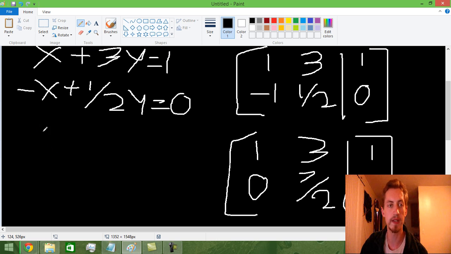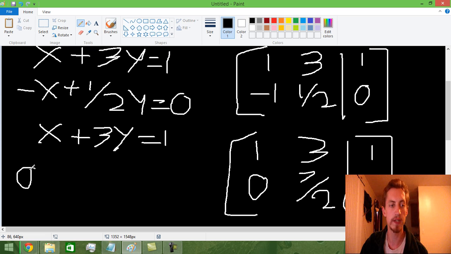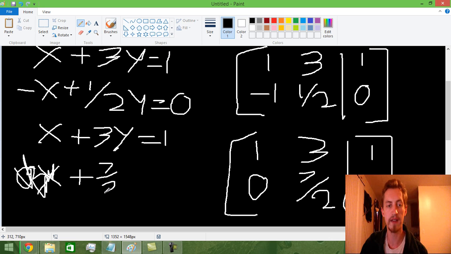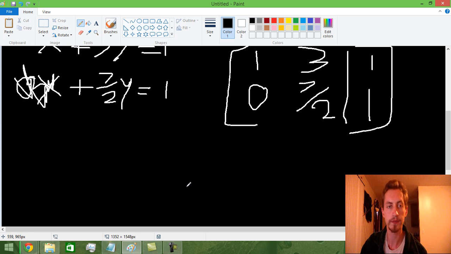Okay, so this is going to still be x plus 3y equals 1. But on the bottom now we have 0 times x, which means that you can basically ignore that, because 0 times anything is 0, and we have 7 halves y equals 1. So now we know what y is, right?